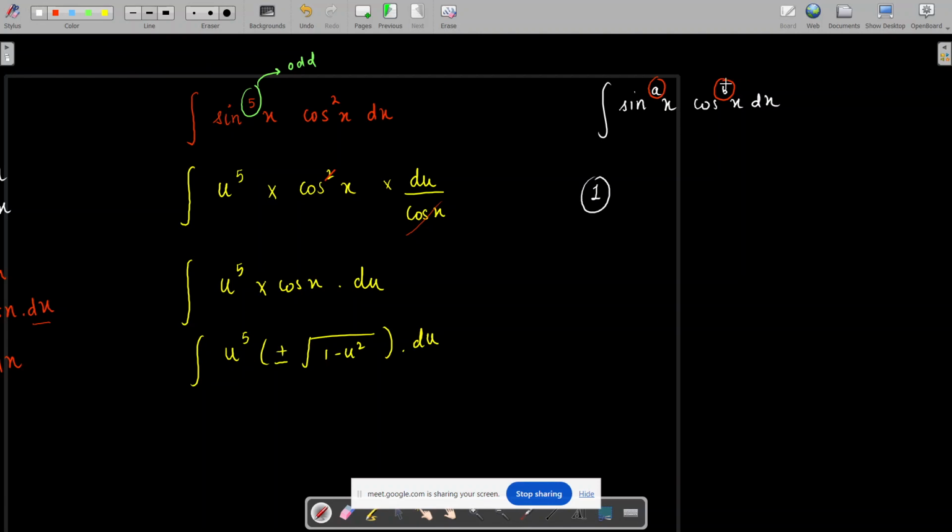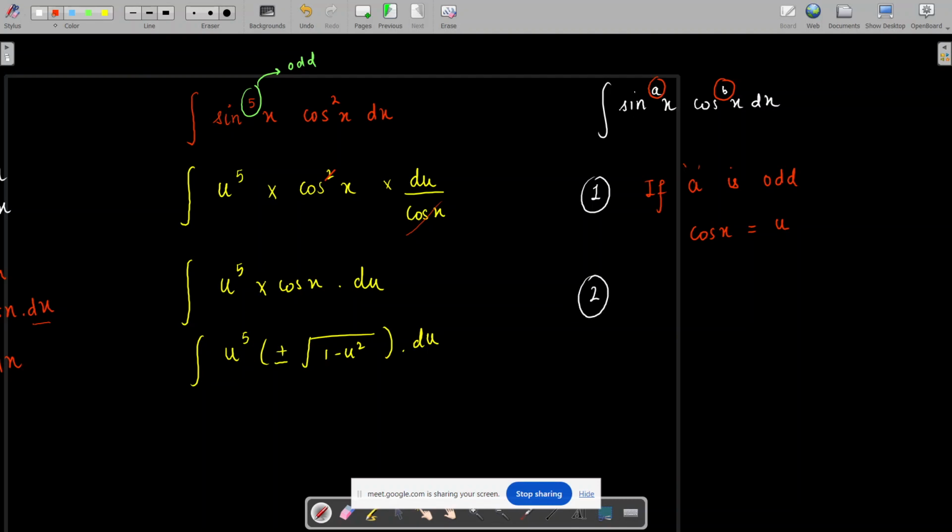So for this type of integral, if the power of sine is odd, that means if a is odd, then we are going to do the substitution cosine of x as u.